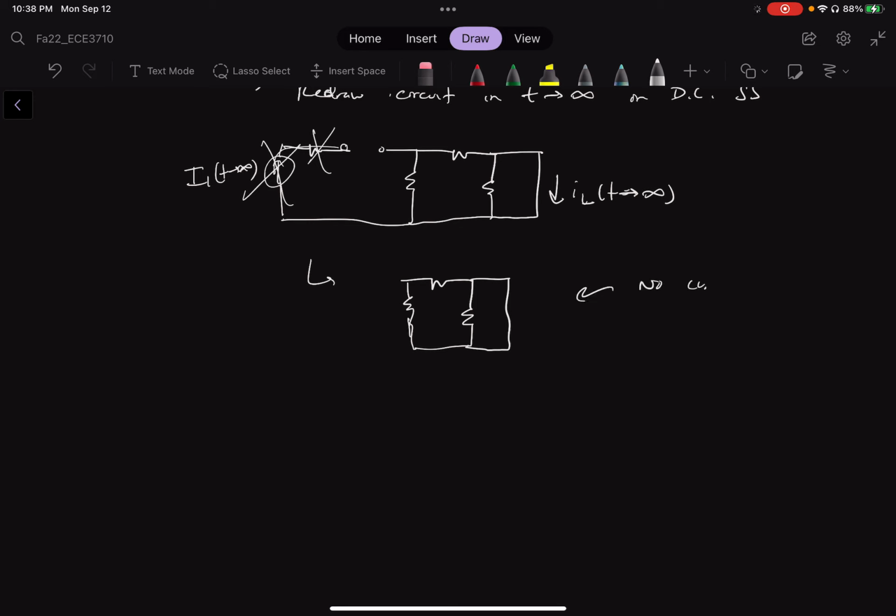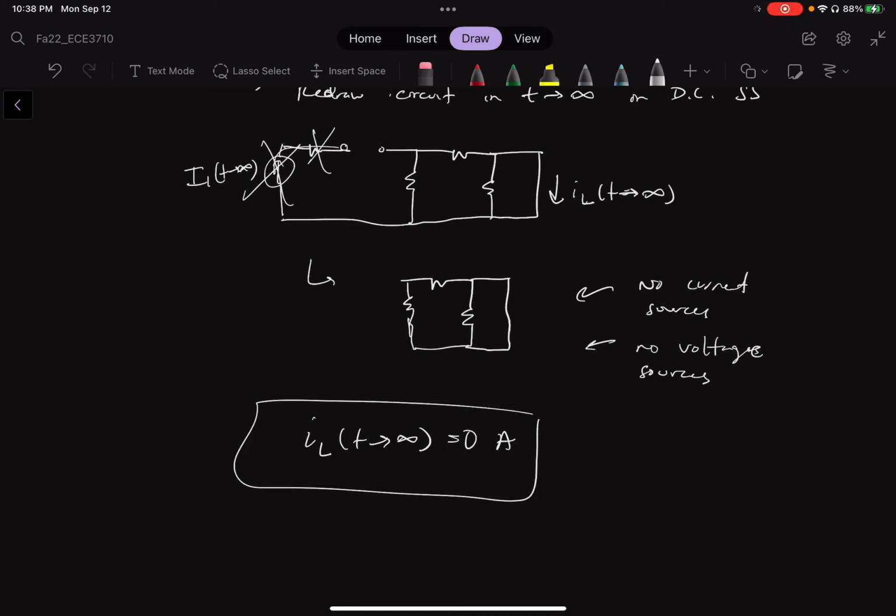This has no current sources. This has no voltage sources. Therefore, there's no current going through that circuit. Imagine your protoboard.